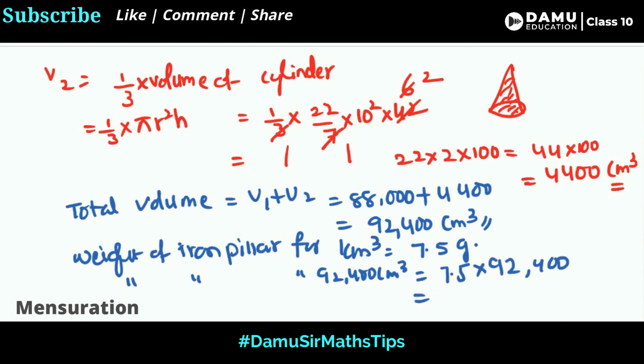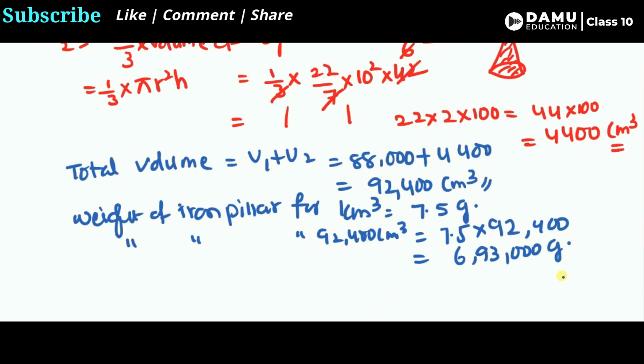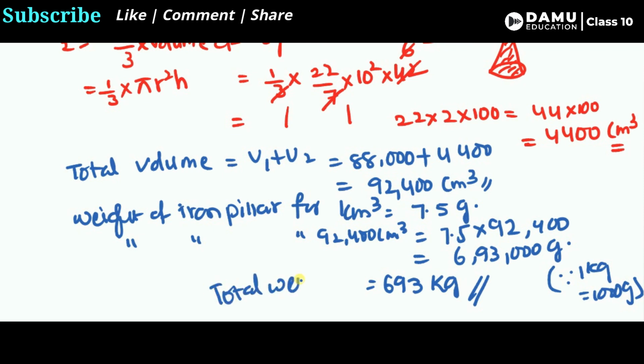Then 7.5 into 92,400 will be equal to 693,000 grams. Since 1 kg will be equal to 1000 grams, 693,000 grams we can take as 693 kg. So this is the total weight.